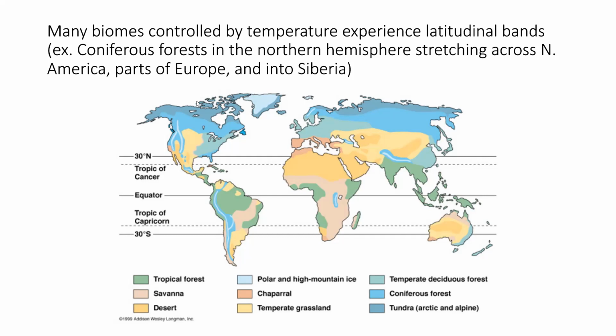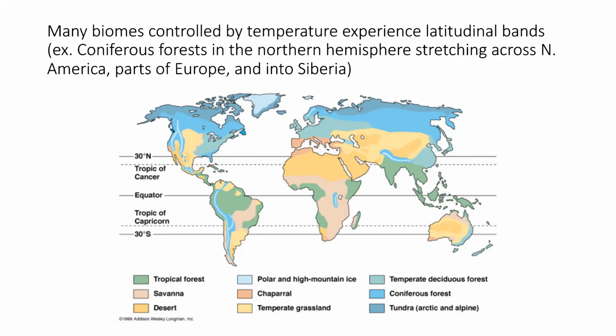But then when we go to the northern hemisphere, if you look stretching across North America, parts of Europe, into Russia as well, we see this coniferous forest, because what we're going to see based on these latitudes is bands of these different biomes.